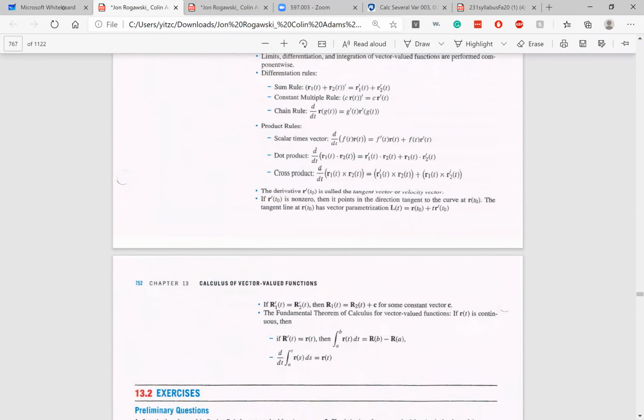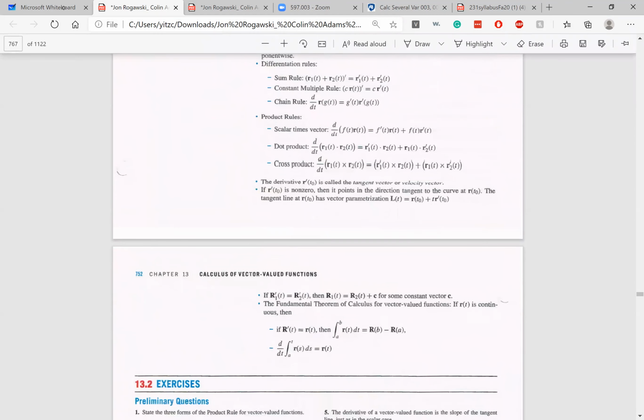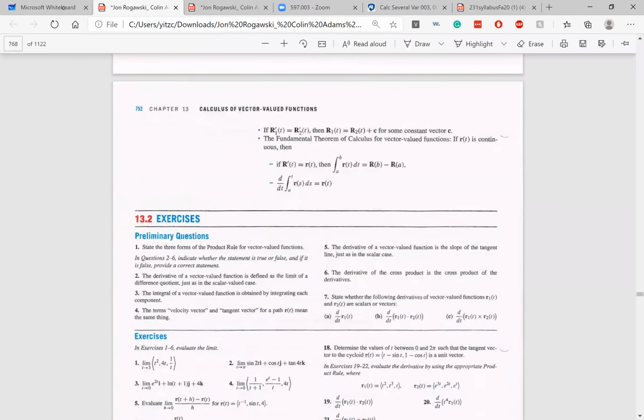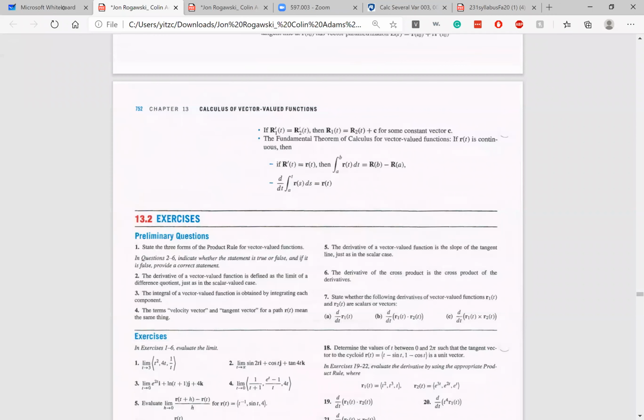And then we looked at r prime as the tangent vector or the velocity, and we looked at the line that is parameterized at that point and is tangent to the curve. And then we looked at integration. Okay, I think we're going to stop here. Are there any questions about this?